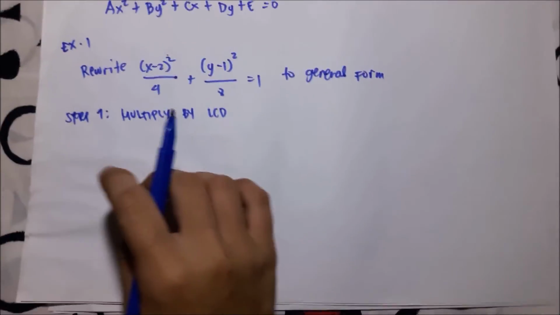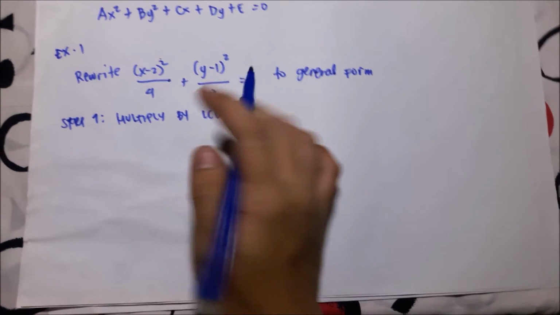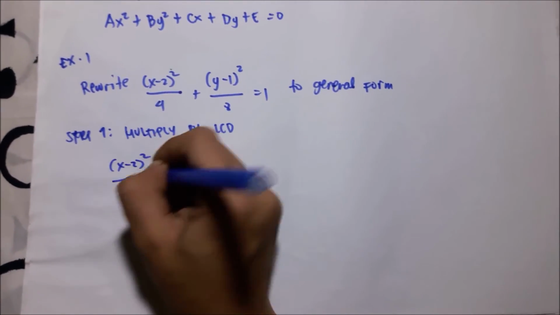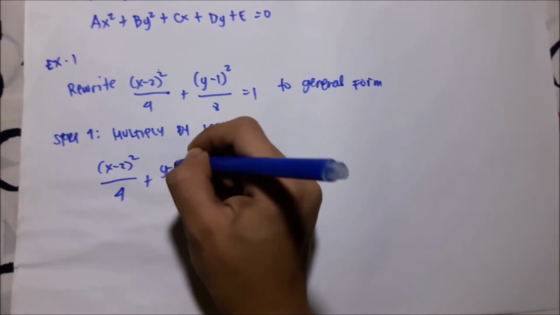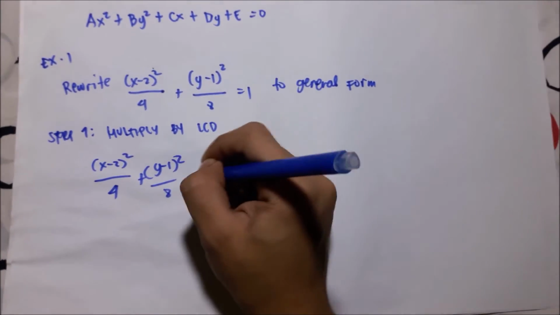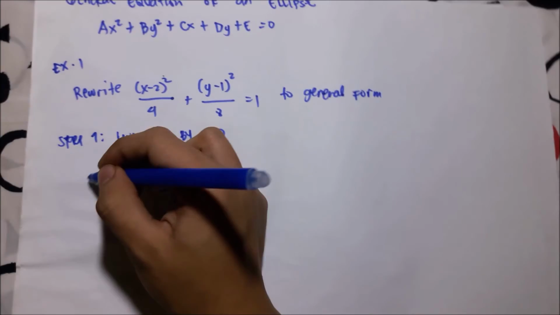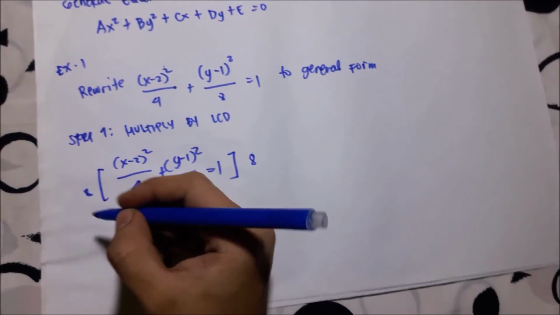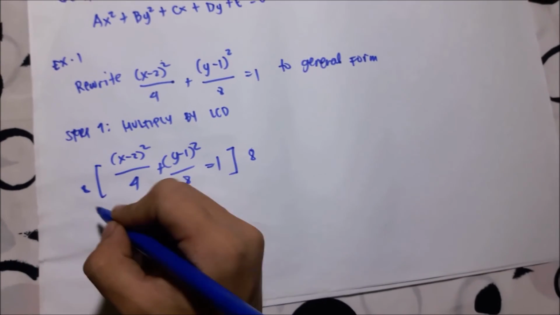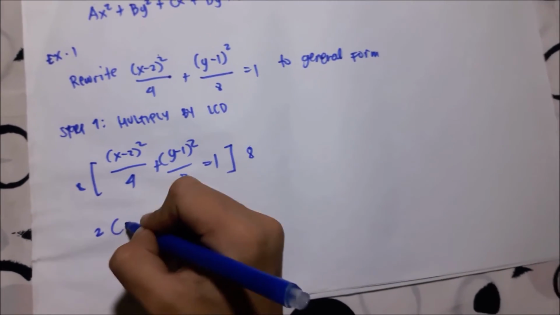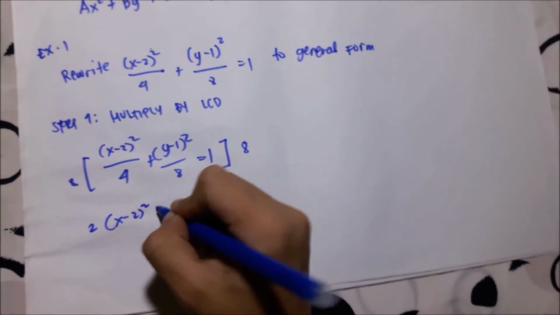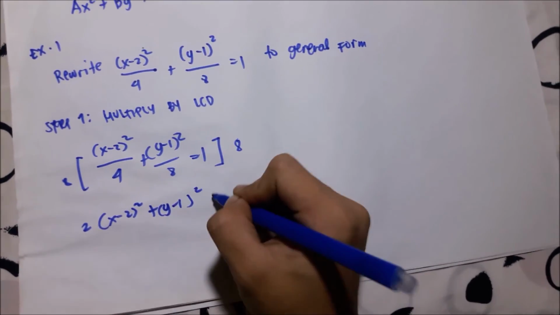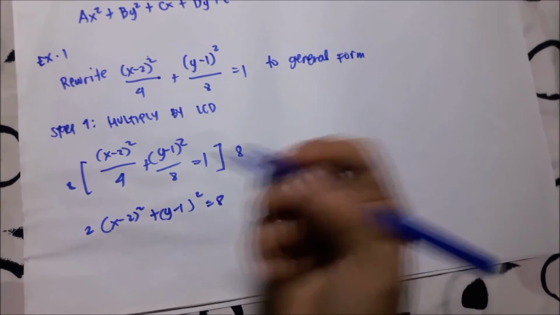So we're just going to find the LCD of the denominators. So we're just going to copy the given, plus y minus 1 squared over 8 equals 1. So the LCD of this given is 8. So it will become 8 divided by 4 equals 2. Copy the x minus 2 squared plus cancel 8. So y minus 1 squared, 8 times 1 equals 8.